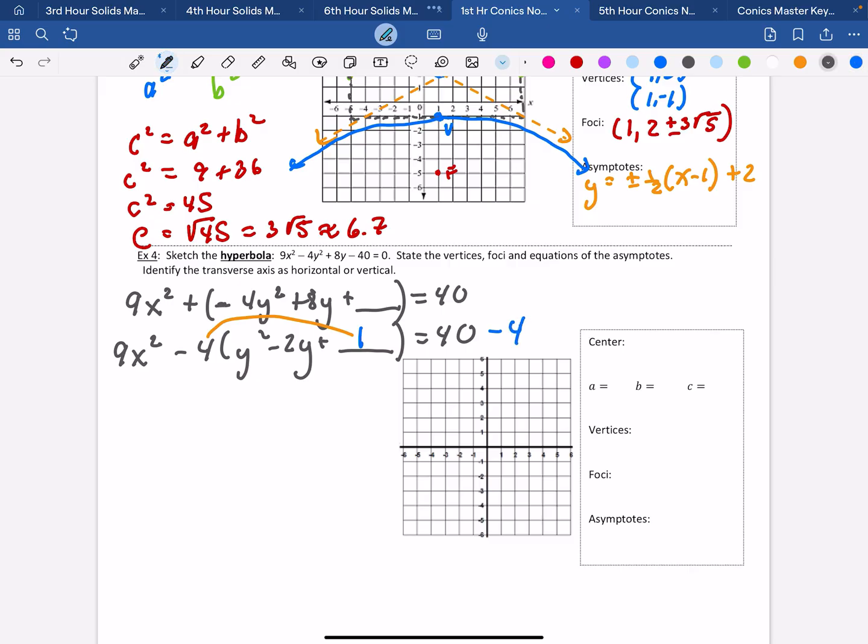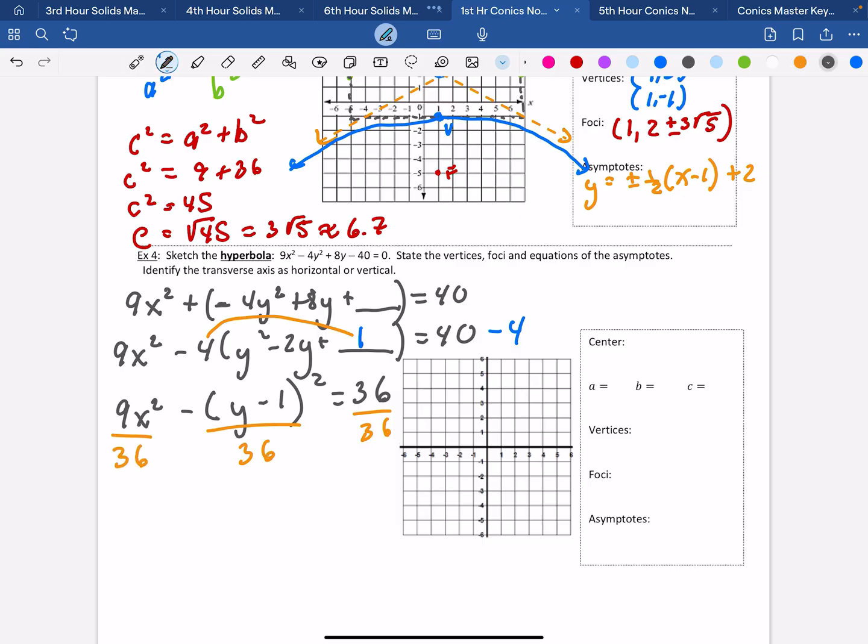Go ahead and complete the square. We're going to move forward. We have 9x squared minus 4 times y minus 1, quantity squared, and that will equal 36. Now we want a 1 on the right-hand side, so I'm going to divide this side by 36, this side by 36, and both terms by 36.